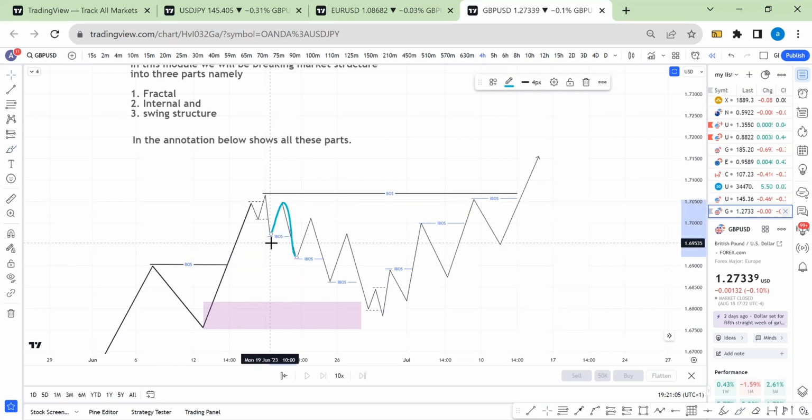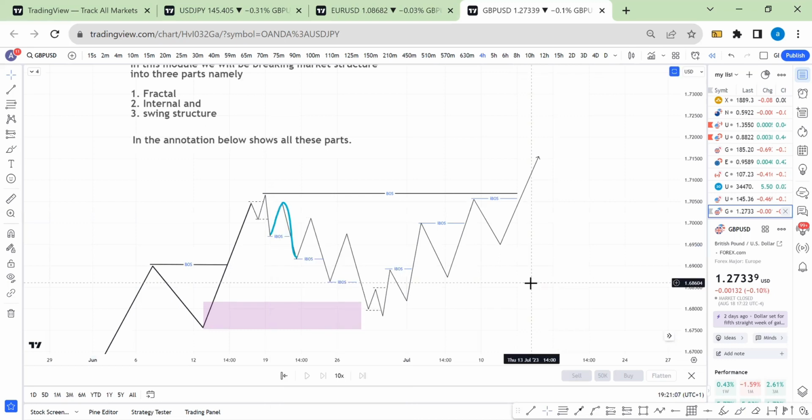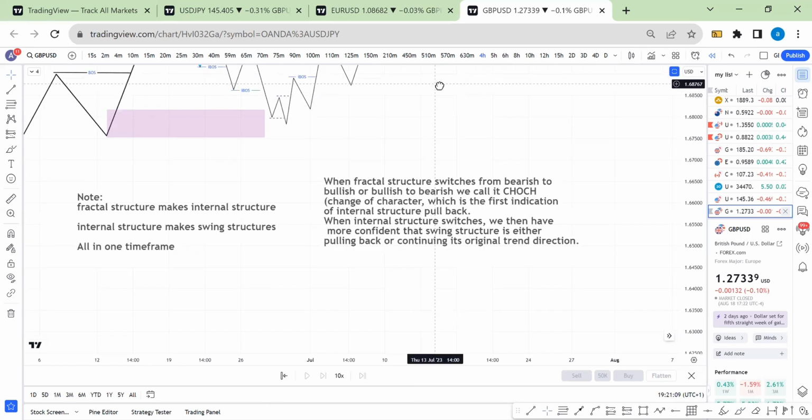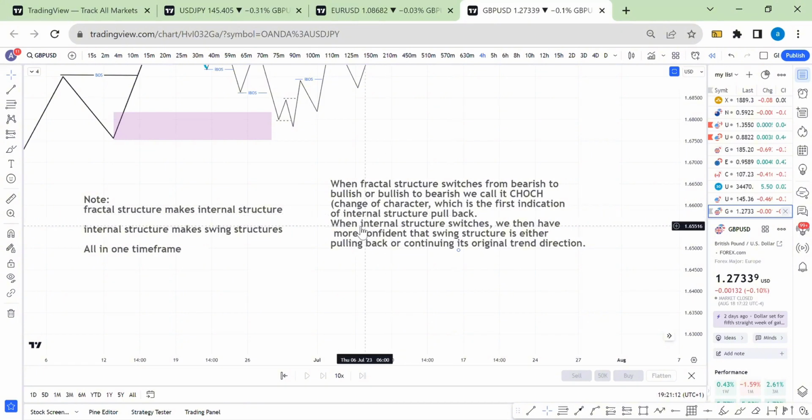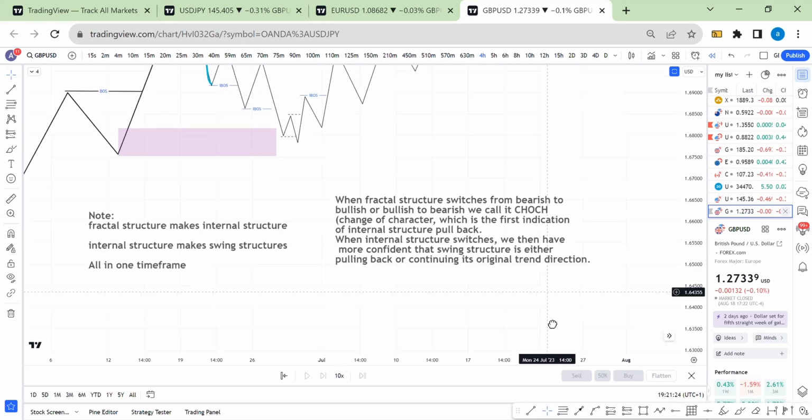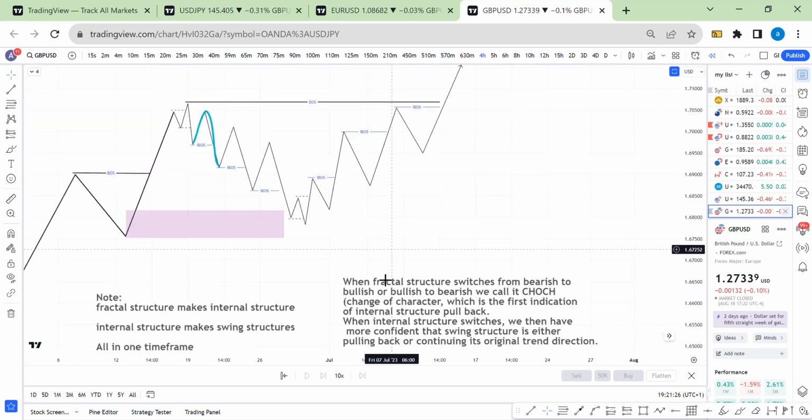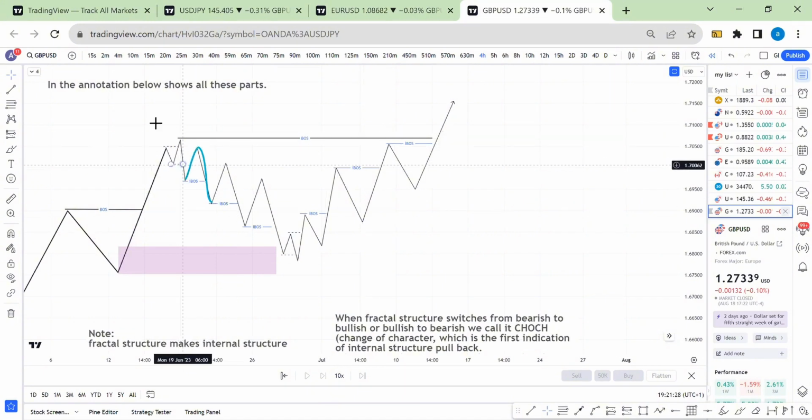And what does internal structure signify? What does internal structure tell us? When internal structure switches, we then have more confidence that swing structure is either pulling back or continuing in its trend direction. I put it this way because in this particular scenario here, the swing structure is pulling back.